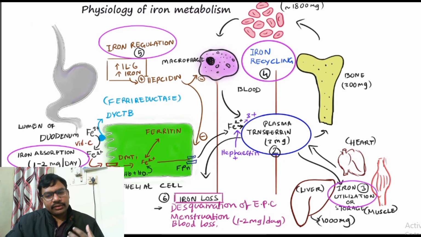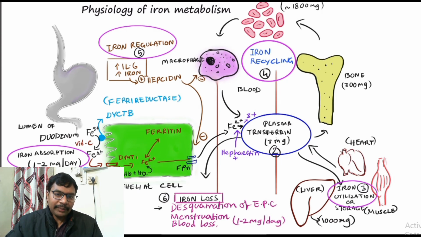So the iron is carried to the bone in order to participate in erythropoiesis, because the iron has to be incorporated into the hemoglobin. So hemoglobin synthesis is a major physiological process of iron metabolism. So the majority of iron is in the hemoglobin.